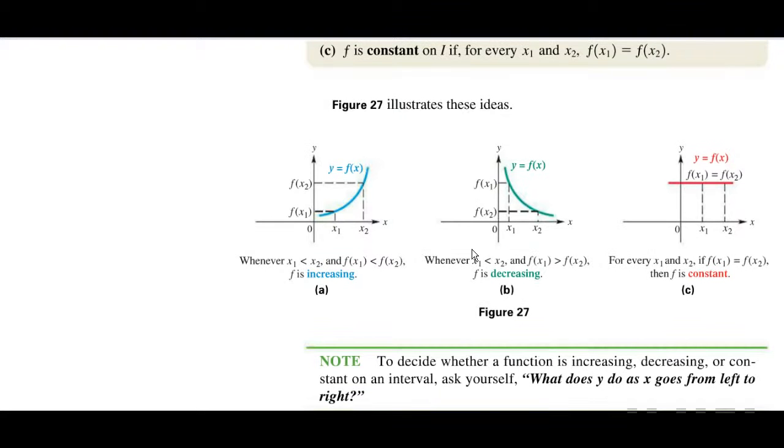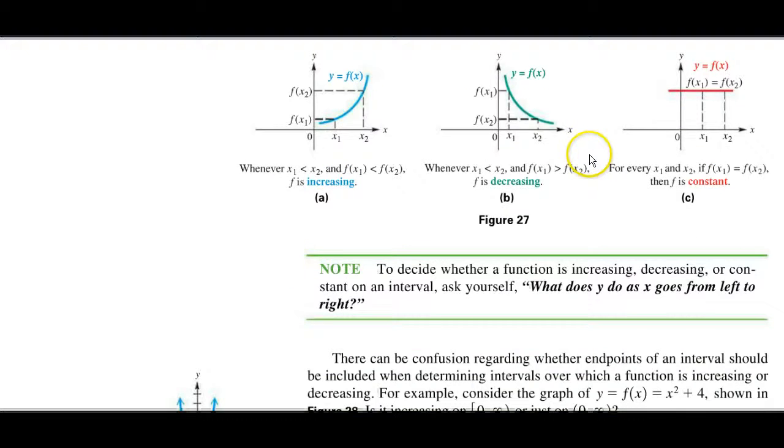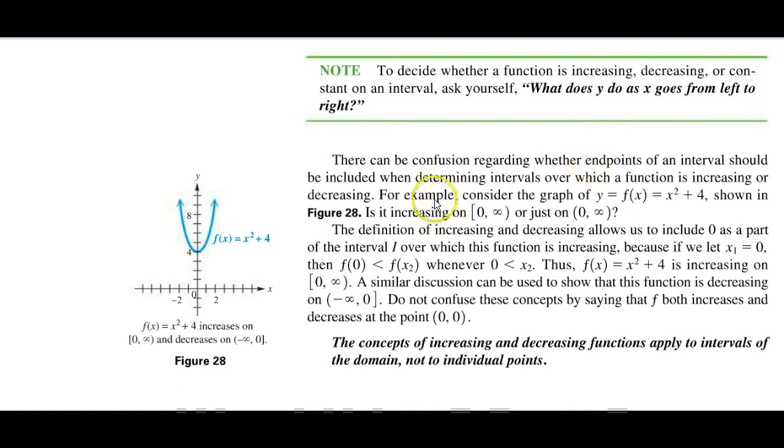So illustrate these ideas. Here it's increasing. Here it's decreasing. And here it's constant. Now, as you look at this parabola, remember going from left to right, it is decreasing here, then is constant for a moment, and then starts increasing.